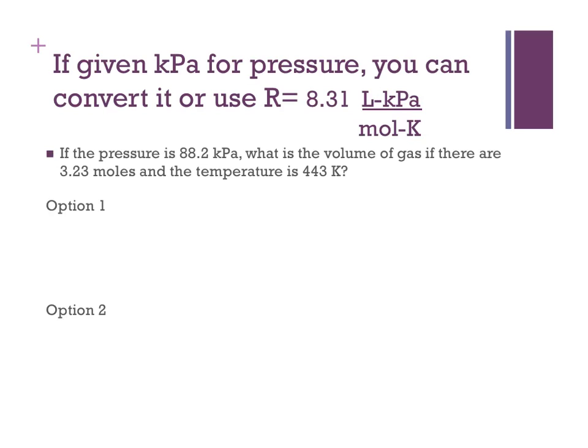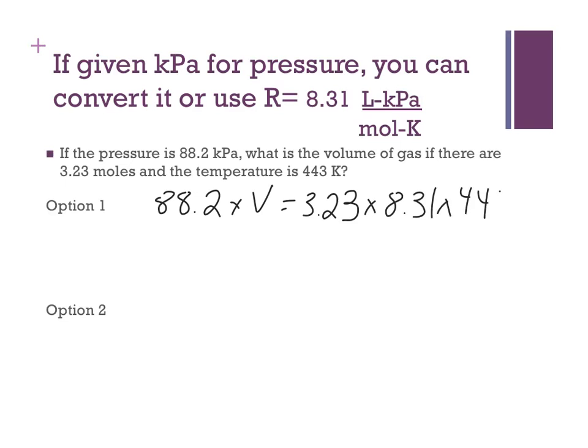Okay, so if we have R that's in kPa, you could use a different value of R. It's 8.31. So I'm going to solve this the first time just leaving it in kPa. My pressure is 88.2. I want to find my volume this time. I have 3.23 moles. I'm going to use R as 8.31 this time, and then my temperature is 443.